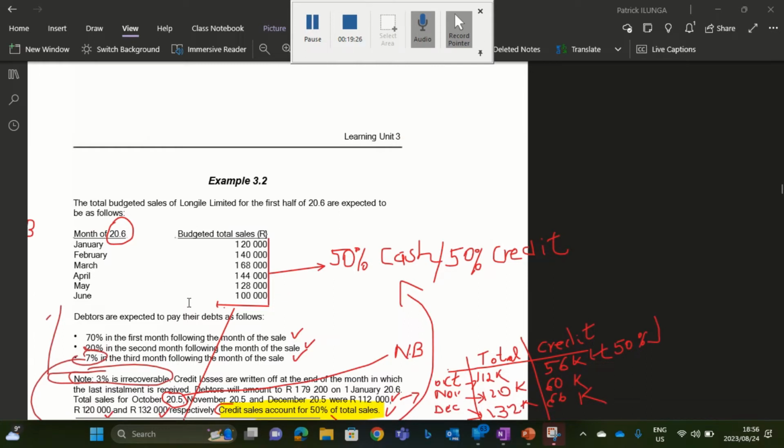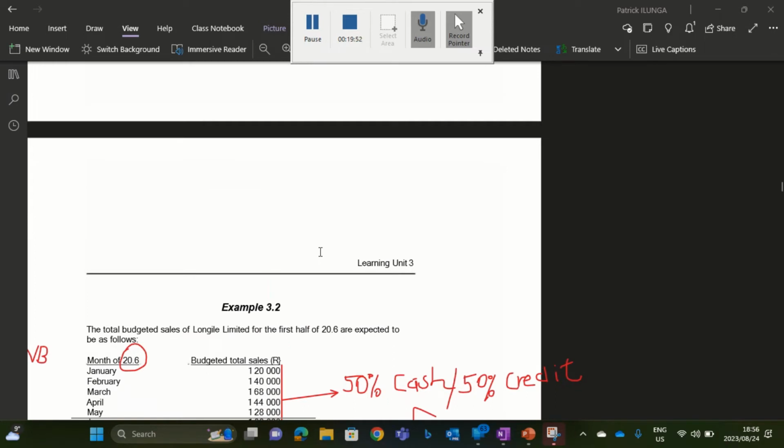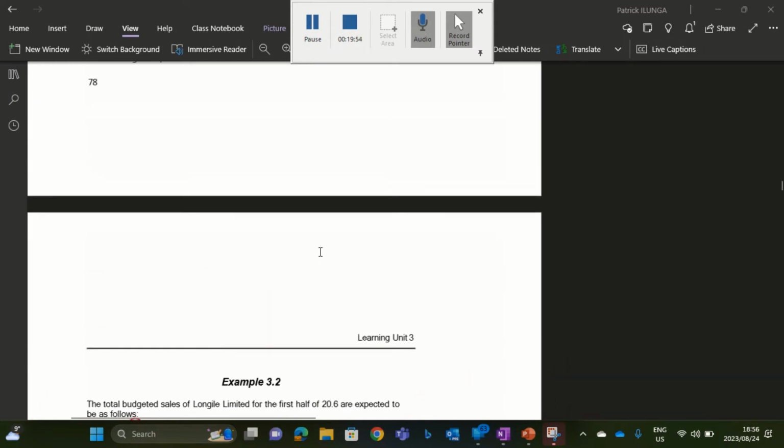And there is a reason for this, because businesses must be flexible, right? A business must not be so rigid as to need to collect everything in the first month, right? You must remember that you are dealing with different debtors and they all have different capacities to settle the debts, right?